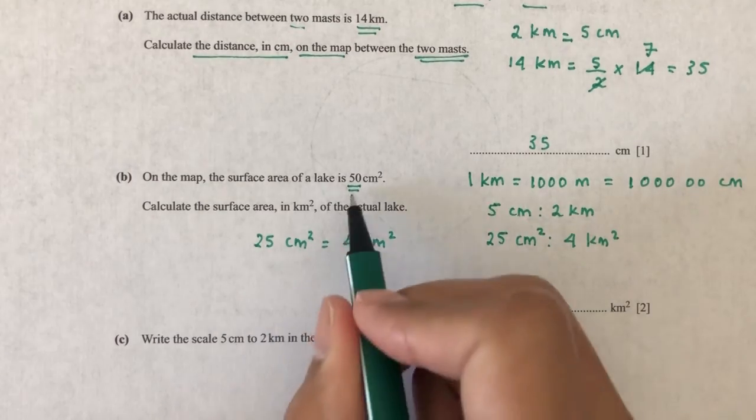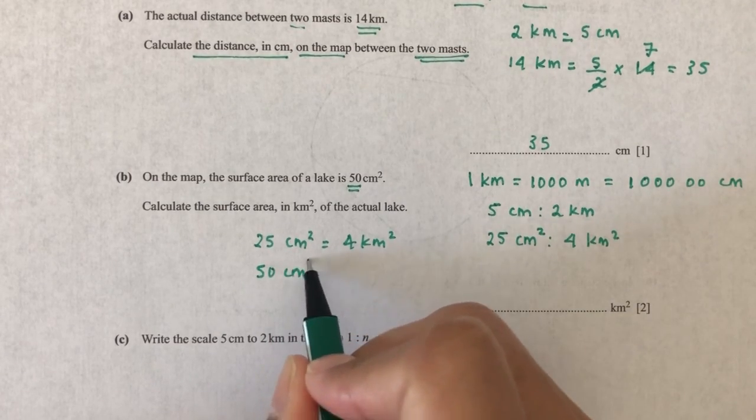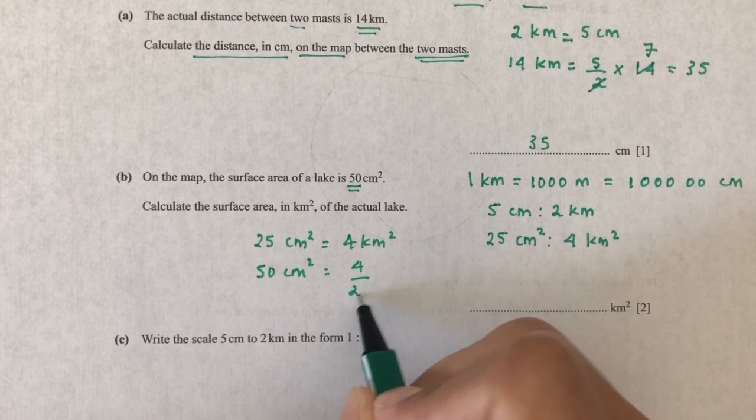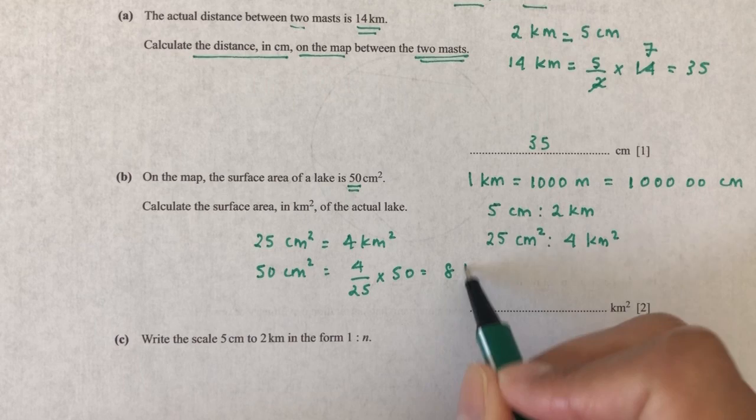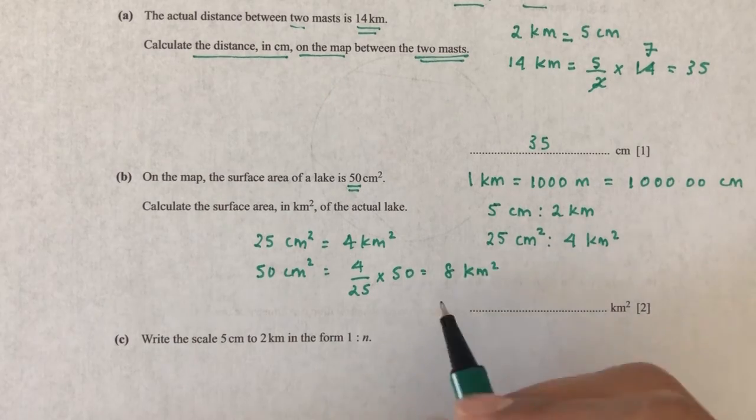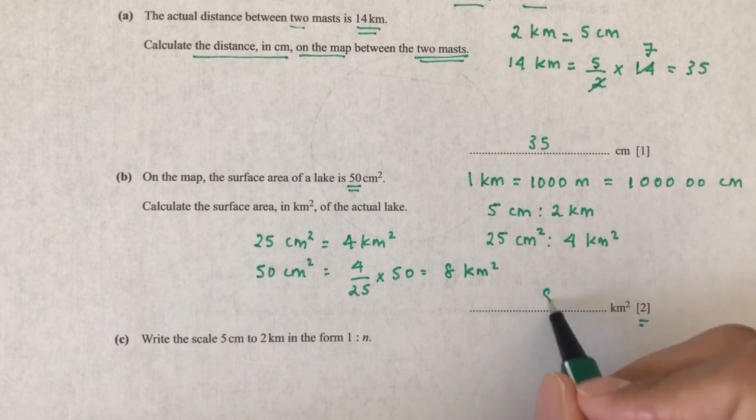So we need to find the value of 50 centimeters square. That will be 4 divided by 25 times 50, which is 8 kilometers square. So your answer for part B will be 8 kilometers square.